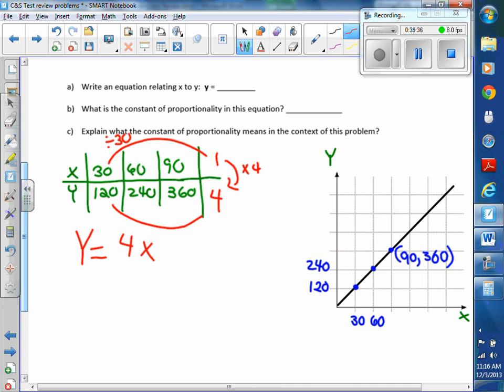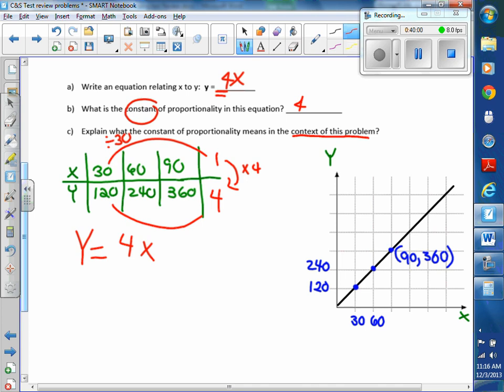So if the numbers aren't so easy, okay? Then we know y equals 4x. So the constant of proportionality is 4. In the context of the problem, I never got a word problem put together before you came to class, so this has no context right now.